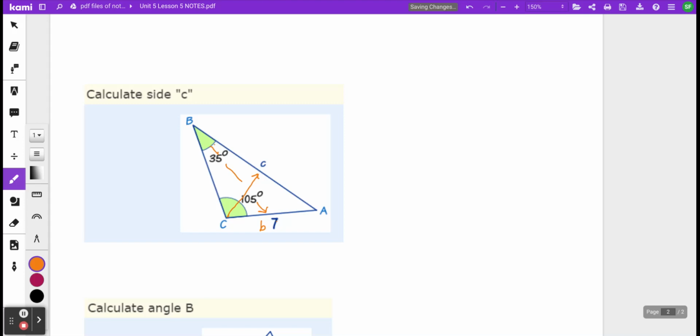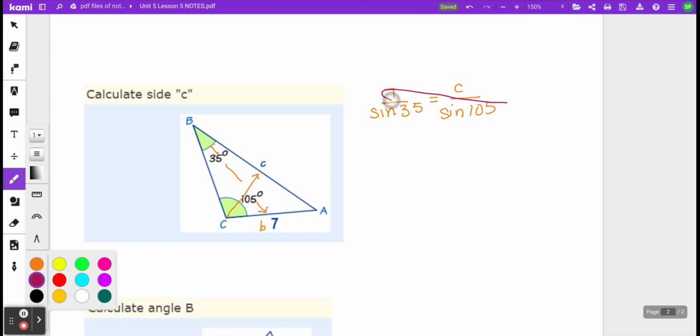So we're going to go 7 over sine and then its angle, which is 35. And we're going to set this equal to our C's. So we're going to go from side C, which we don't know, over the sine of angle C, which is 105 degrees. And then we're going to cross multiply.